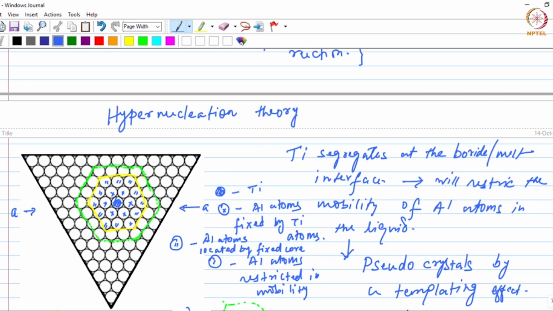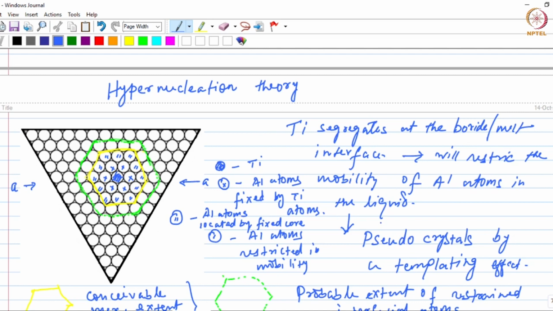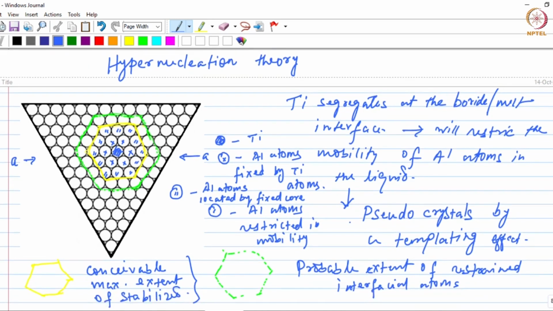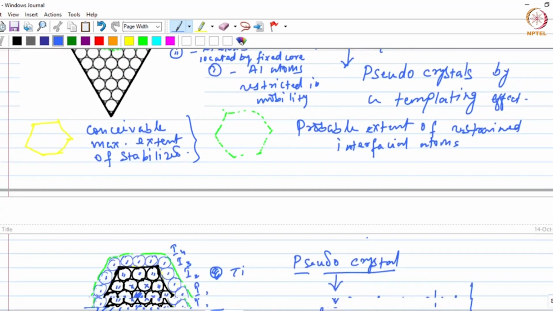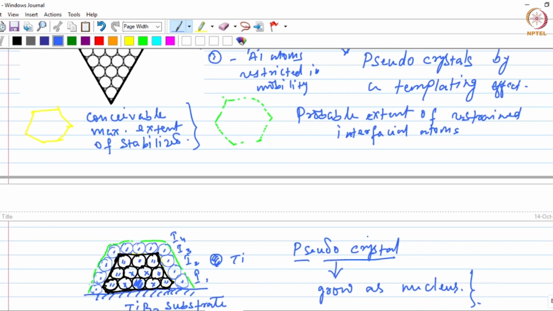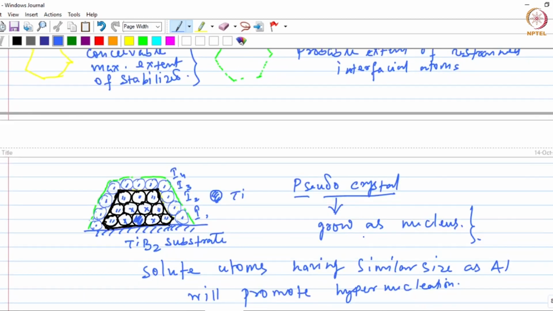So this will act as a template for solid aluminium, and this structure is called the pseudocrystal, which will finally act as the nucleus as the temperature is lowered below the liquidus temperature. So these are the different theories that we have discussed today in this particular class.